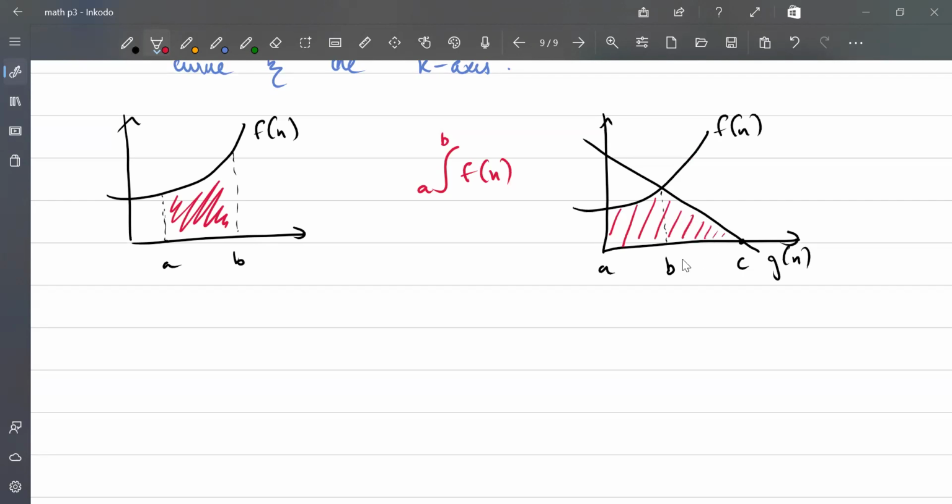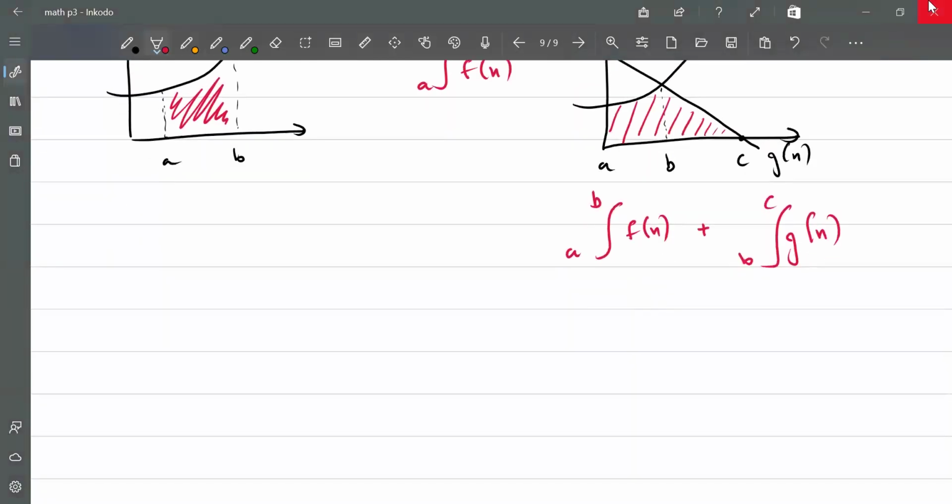So it would be the integral from a to b of f(x) plus the integral from b to c of g(x), because this is a different function and this is a different function.